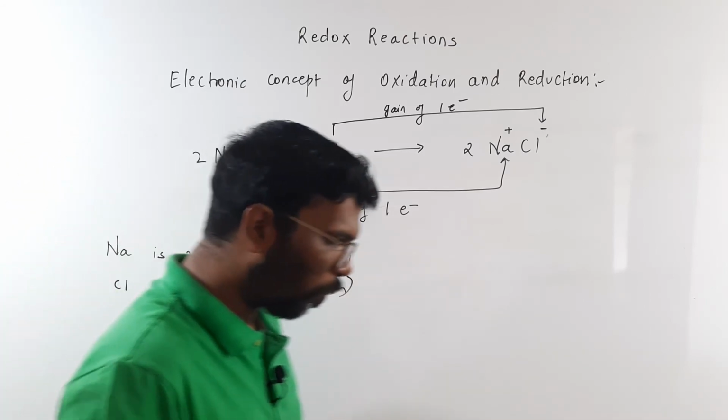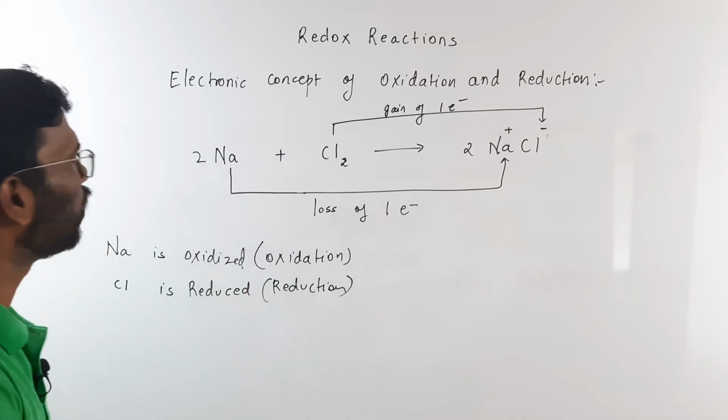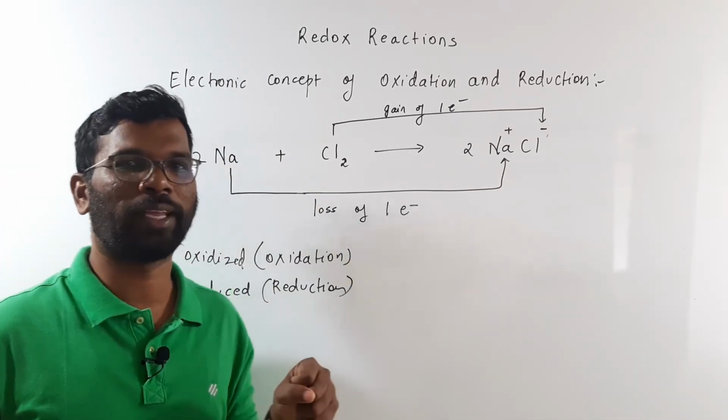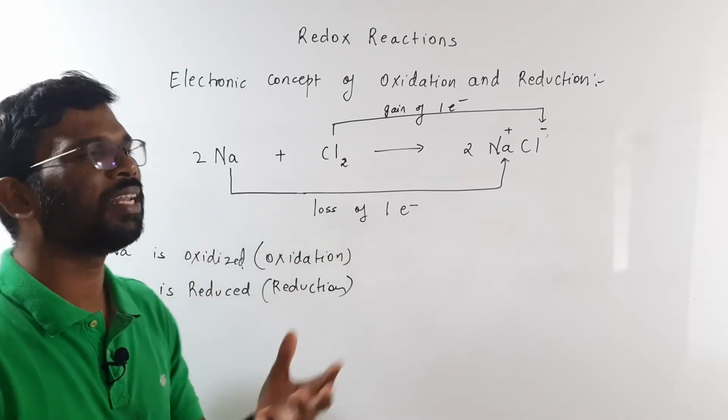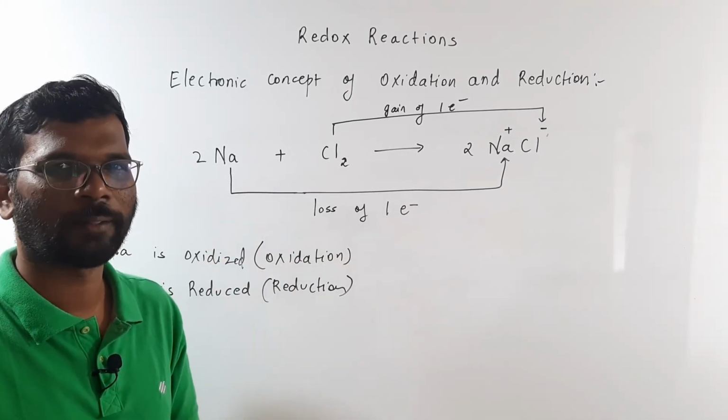Now why does sodium lose its electron? Sodium simply won't lose its electron. There should be someone to accept the electron, right? Since chlorine is there to accept the electron, sodium is losing it.